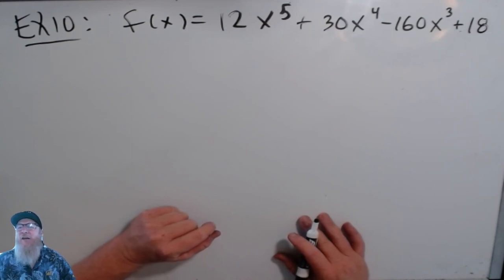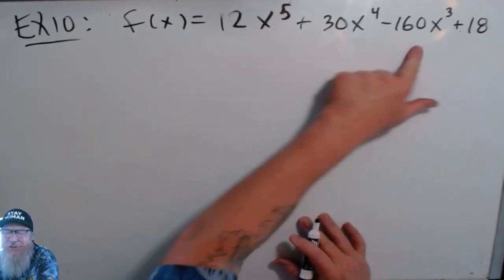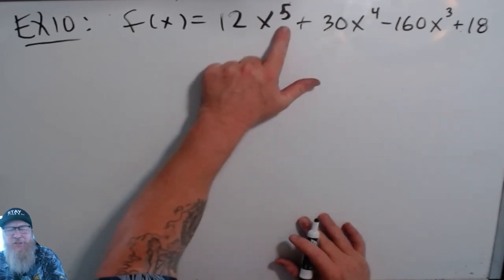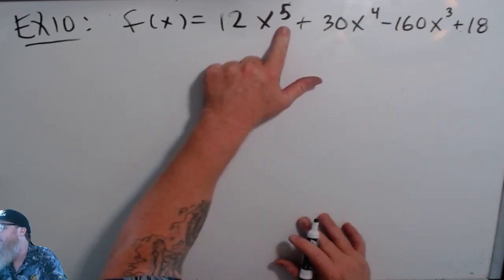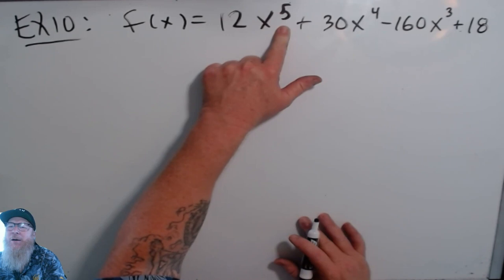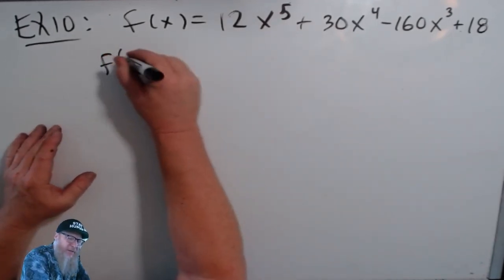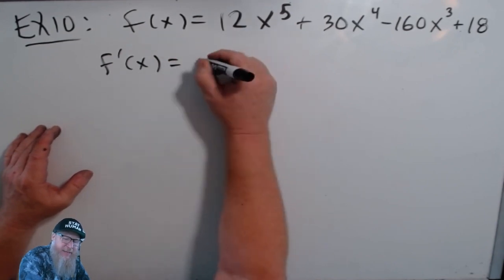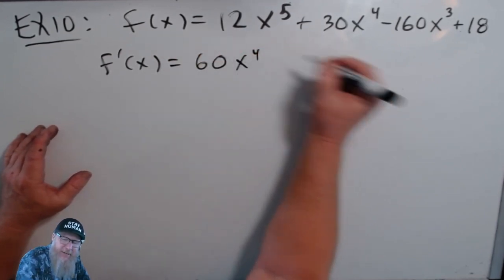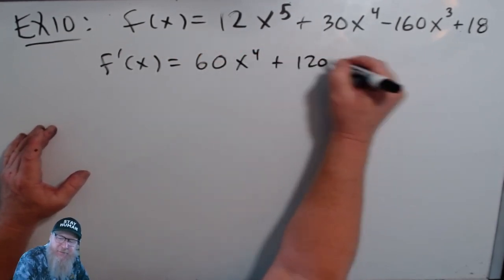So let's just dive right into it. It's actually easier than the last one. It just looks a little more complicated because of the fifth power, but notice it's not a very large polynomial, so it's pretty tame. So we're going to get right into it and take its derivative.